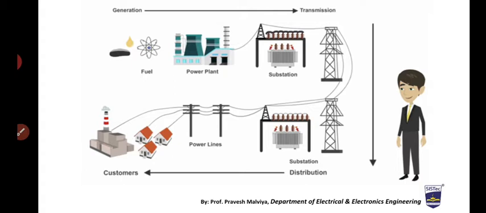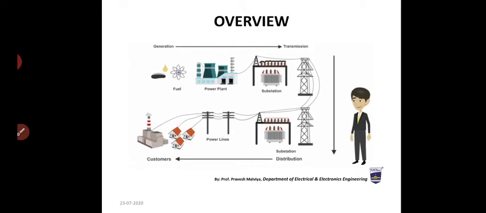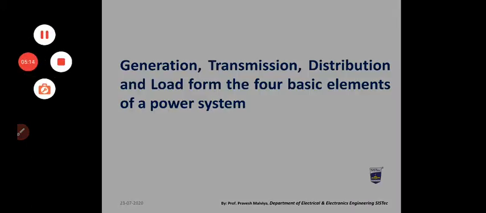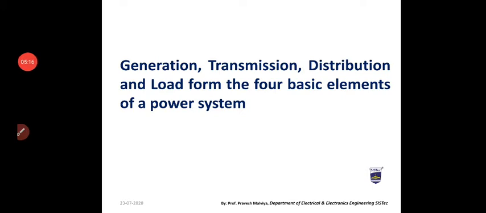So these two sections where it is stepped down are known as the distribution section. And finally, when it is sent to the consumer, the end section is known as the utilization section. So generation, transmission, distribution, and load form the four basic elements of power system.